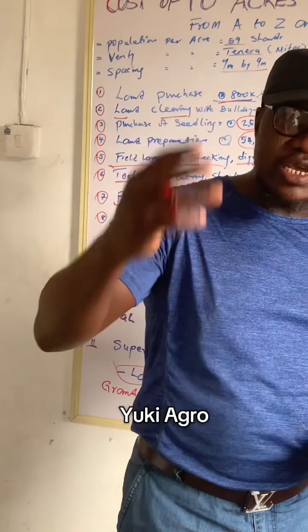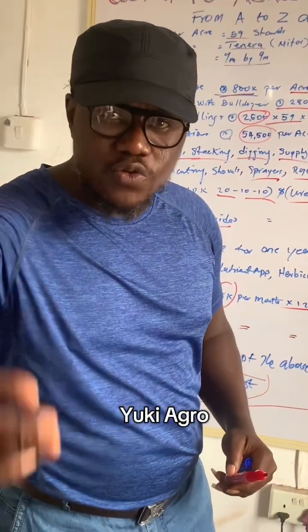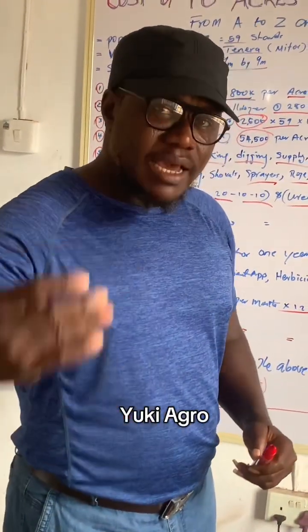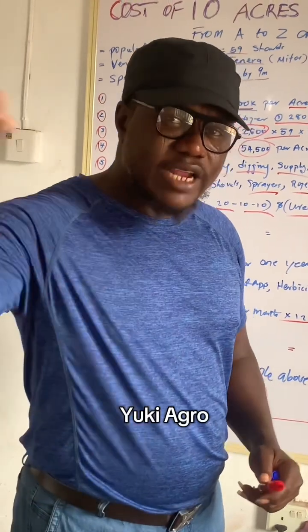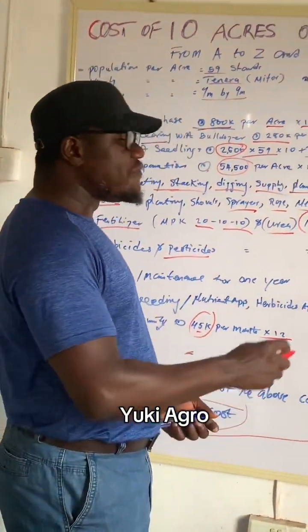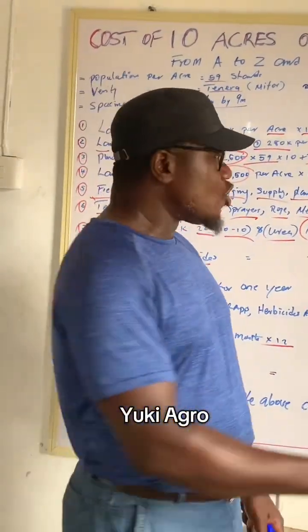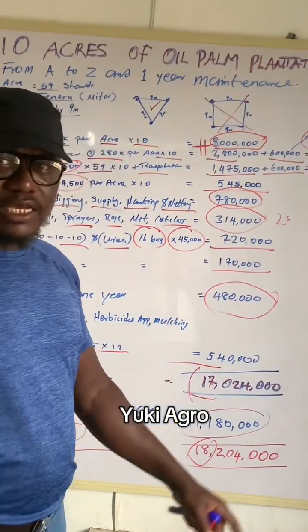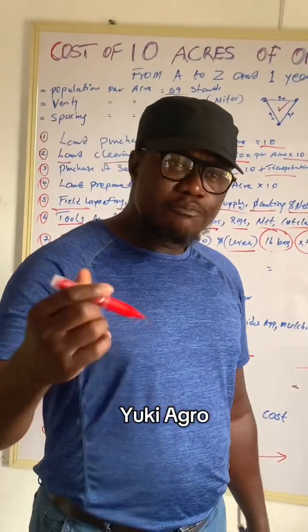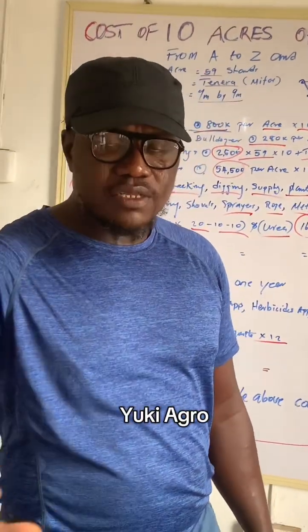All you need to be doing from there is continuing to apply nutrients and maintenance every other year, with the cost coming down to a very significant minimum. In some cases, you might even end up using 2 million naira, in some cases 3 million naira yearly before your palm will start fruiting for you.